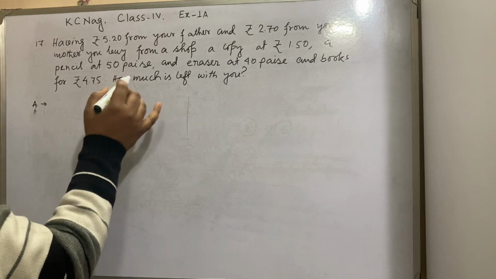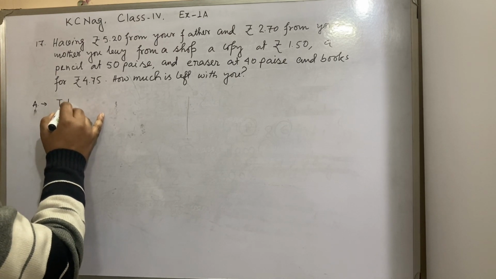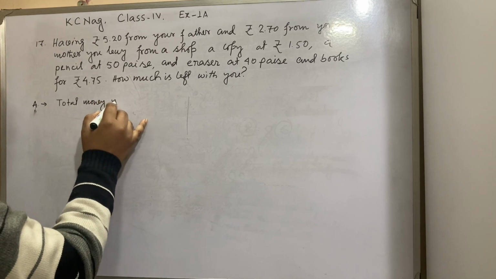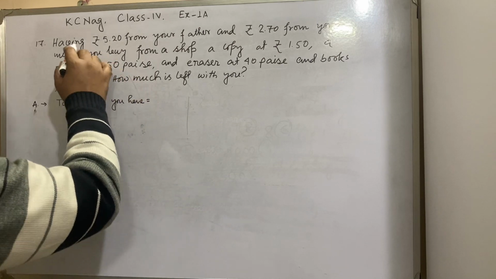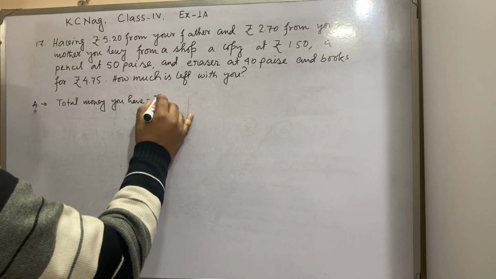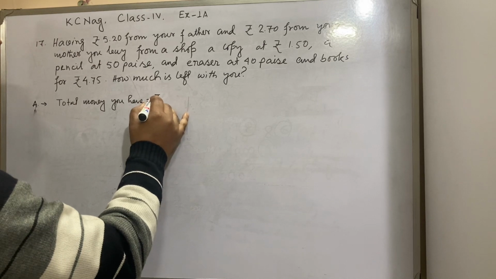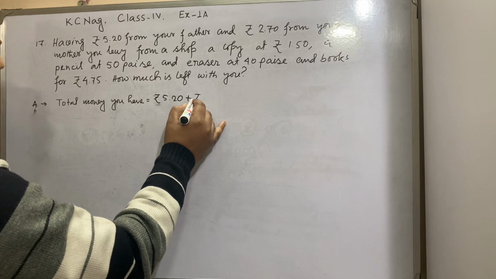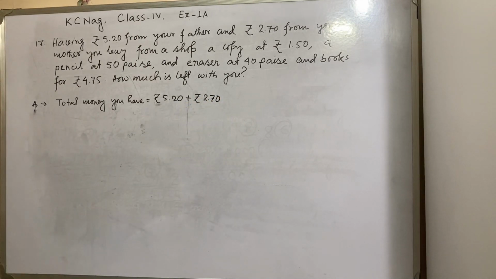Let us see. Total money you have is equal to your father gave you rupees 5.20 plus your mother gave you 2.70.